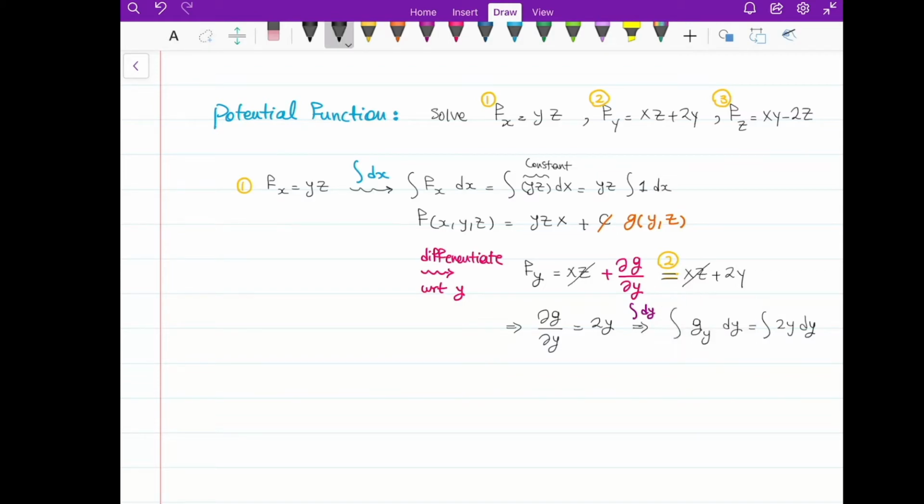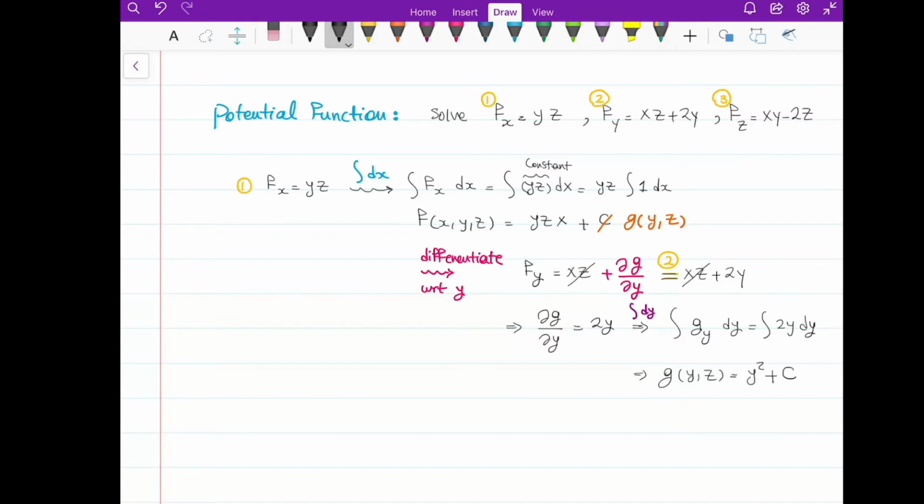I'm going to make this one black. Okay, and so I have the antiderivative of the function g with respect to y. That's why I get the function g of y and z, the whole function. Don't forget that g was like that. It's equal to the integral in here, which would be y squared plus a constant c.